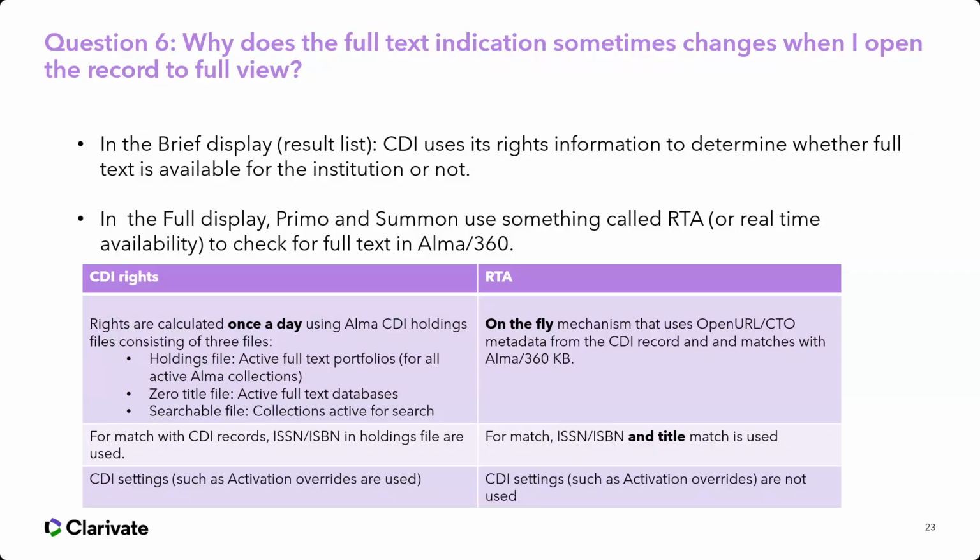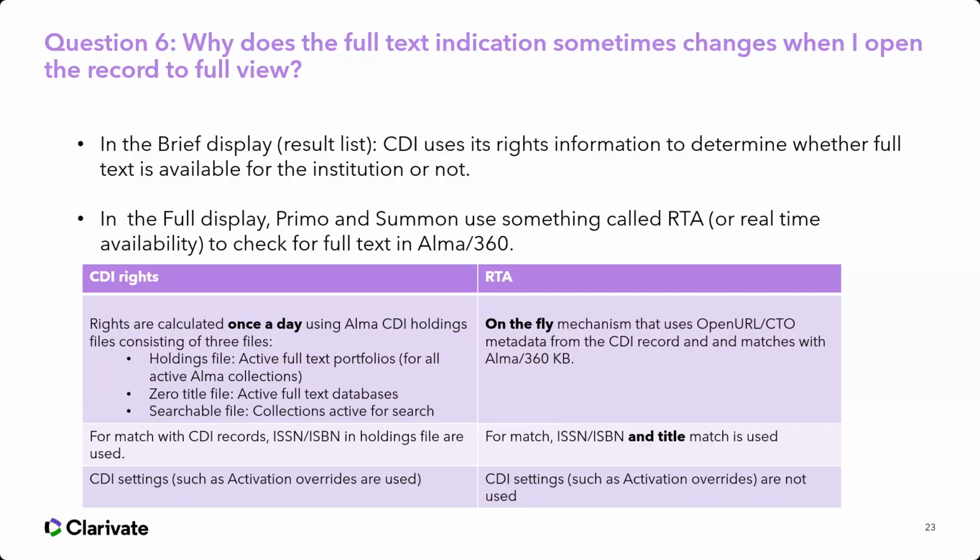Another reason is that there is a small difference in how we match CDI records with the ALMA and the 360 KB. For CDI, we use ISSN and ISBN in the holdings files for matching, and in RTA, we also sometimes use title match. So there's an additional key that we can use.